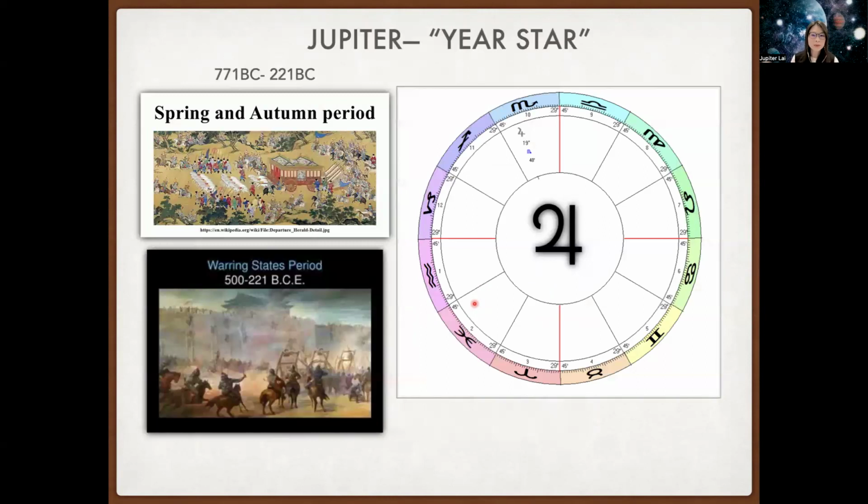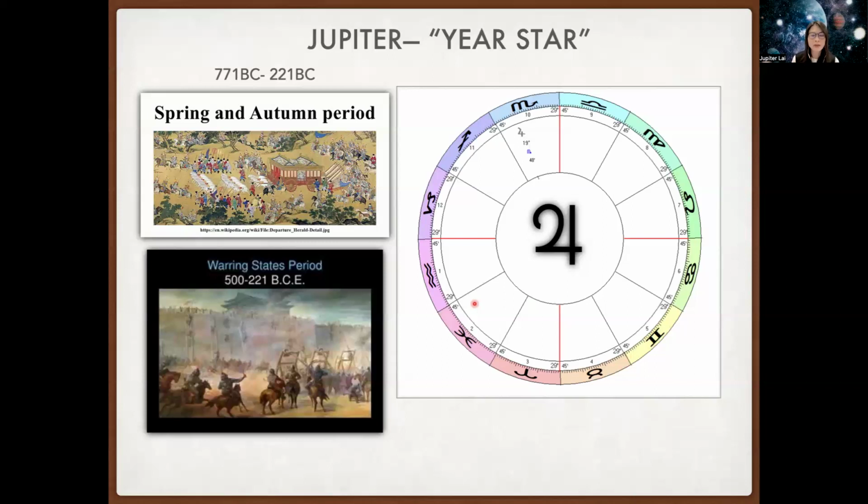And so here we come to Jupiter, the planet. Several years before Christ, in ancient China, the ancient astrologers already discovered that Jupiter, the actual Jupiter, is like a year star.